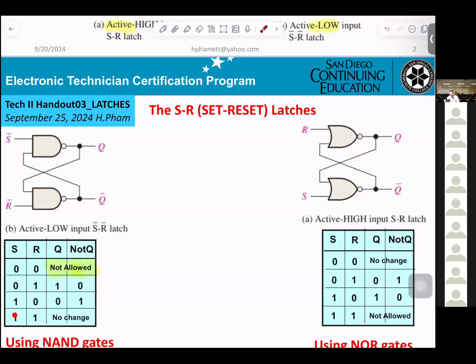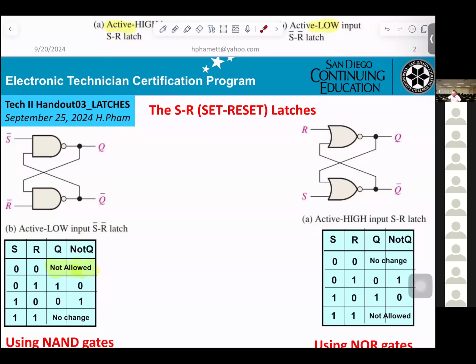When you get S 1, R 1, the output will be no change. No change means if it was 0, it will still be 0; if it was 1, it will still be 1.